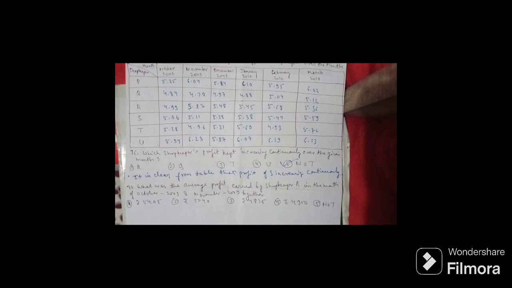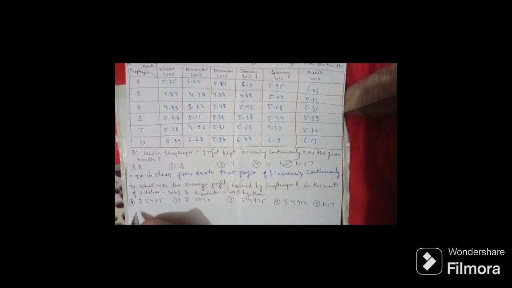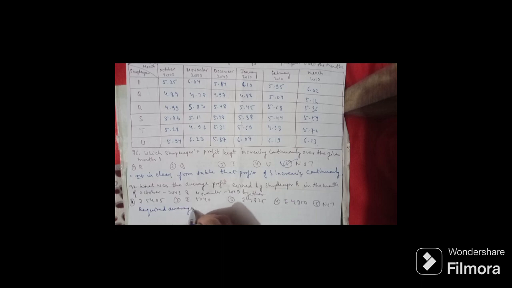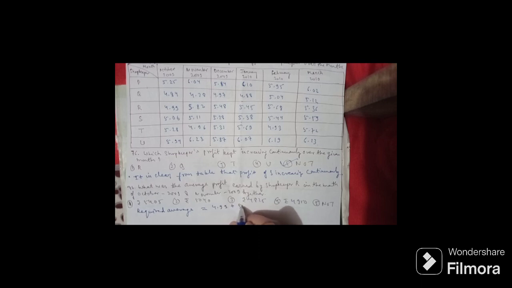Here required average, 4.99 plus 5.82 upon 2 into 1000.